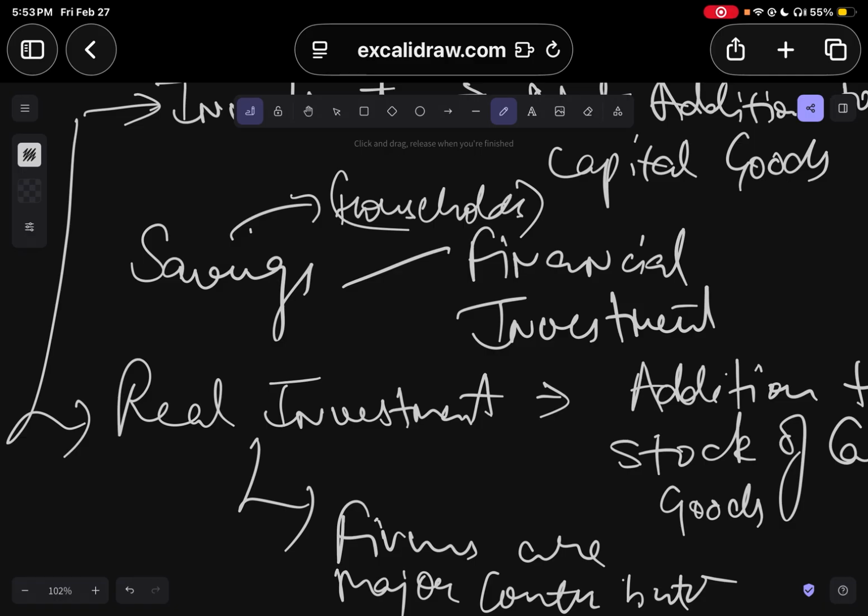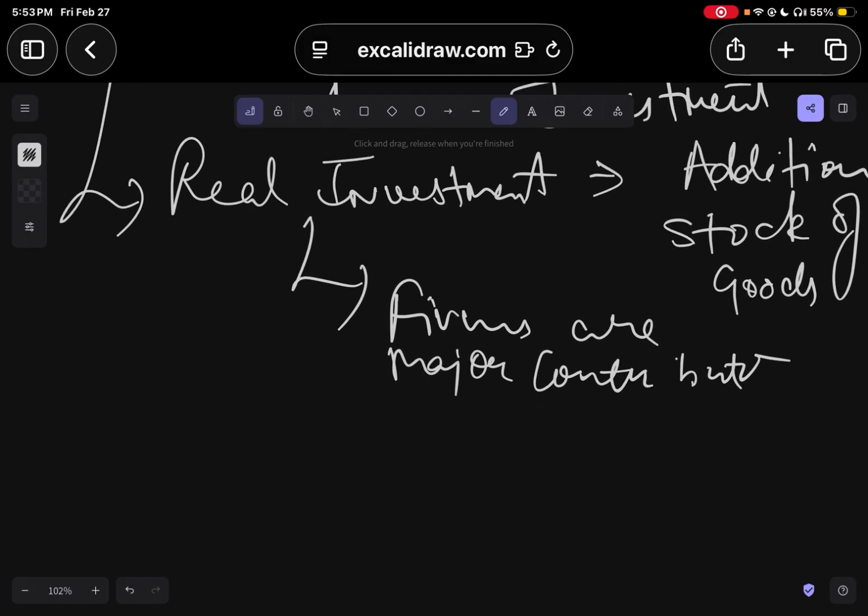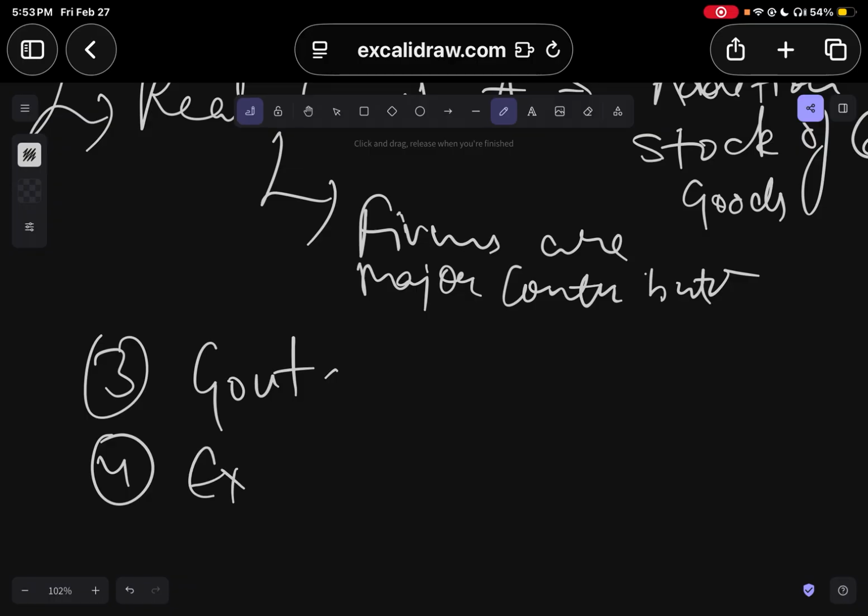Then the third is government. Government activities are related to governance. Government taxes people and provides subsidies, along with making expenditures on both consumer and capital goods. Fourth is the external sector.